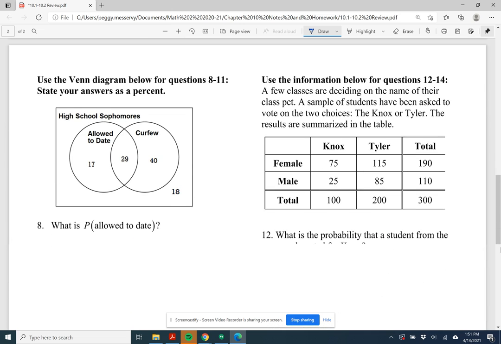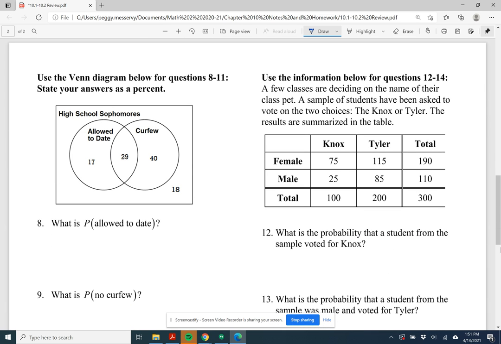Okay, next question. Use the Venn diagram below for questions 8 through 11. State our answers as percents. Okay, high school sophomores. All right.